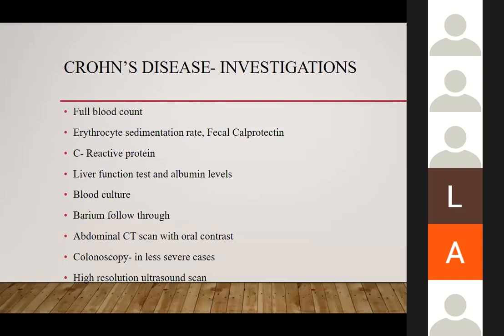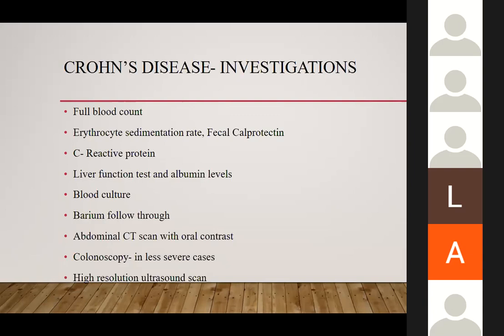ESR, CRP, those are inflammatory markers because we are talking about inflammatory bowel disease, so they'll go up. Mind you, most of these investigations are basically similar to what we'll be talking about when we get to ulcerative colitis. Okay, it's just one big topic and it's subdivided because one is restricted to only the mucosa, whereas the other goes through the mucosa to involve the serosa.